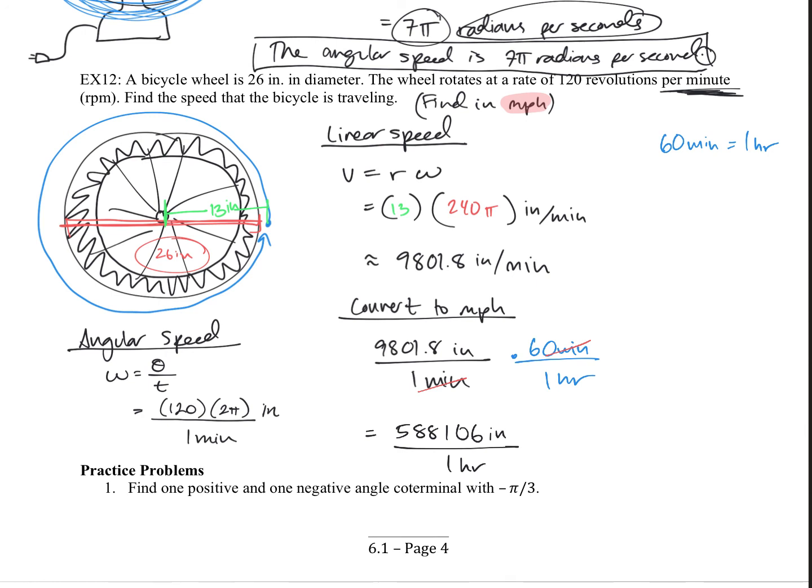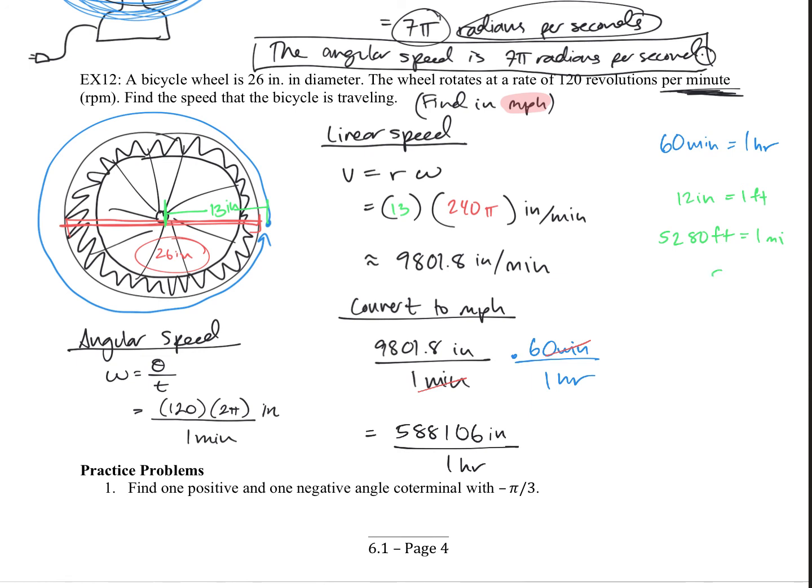Okay, I have my hours, but I need to get rid of the inches. So let's think of an equivalence. Well, I know in 12 inches, there's 1 foot. And in 5,280 feet, there's 1 mile. So I really want to get from miles to inches. How do I do that?